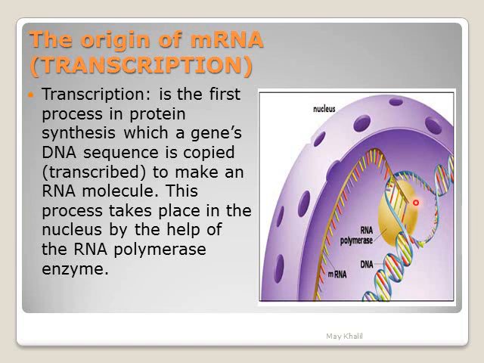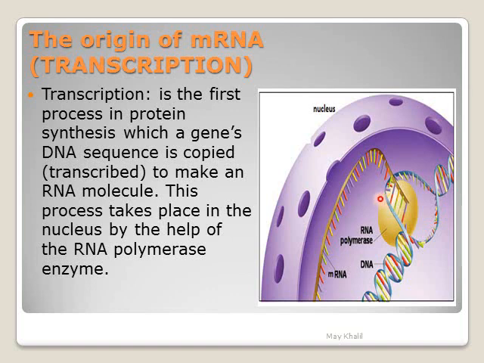Now I have to talk about the origin of this messenger RNA. Where does it originate? We know that it originates in the nucleus. Why in the nucleus? Because RNA is known as a copy of a DNA molecule, so it carries the code of the DNA.